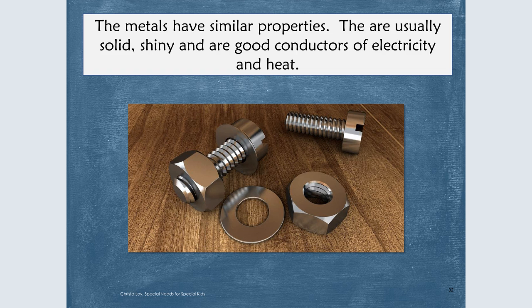The metals have similar properties. They're usually solid, shiny, and good conductors of electricity and heat. So your pots and pans are made out of those. So if you got a pan on the heat, they work the best for cooking food. And that means they conduct heat well. So if you have the flame underneath, it doesn't take long for it to heat up.